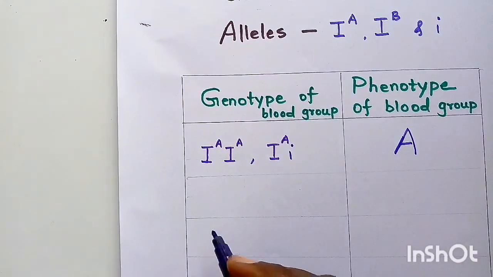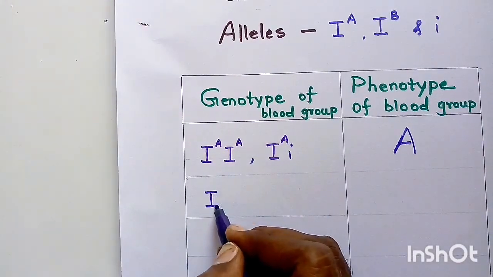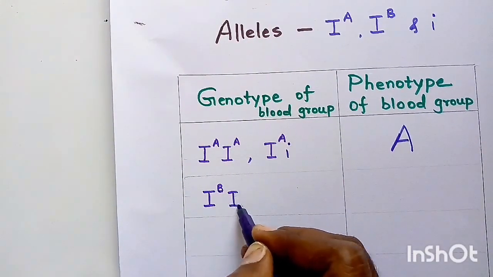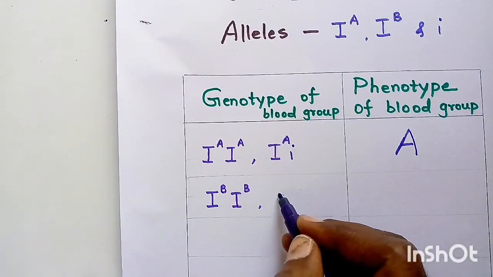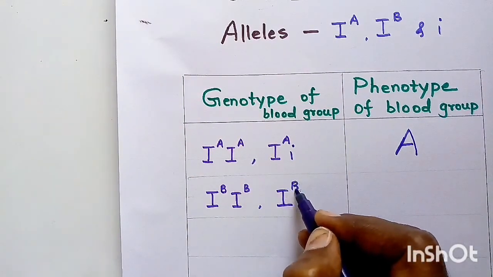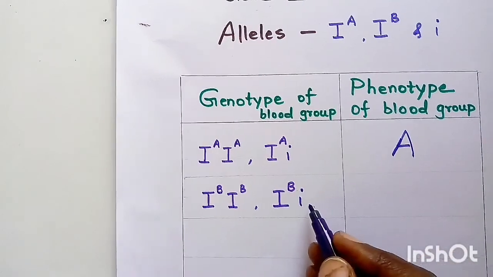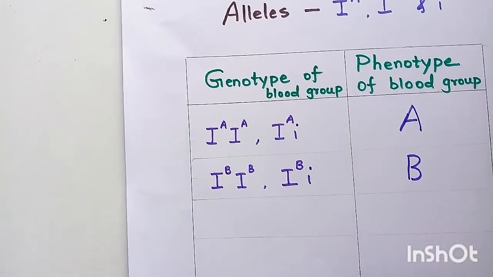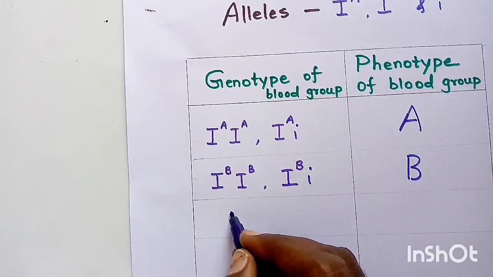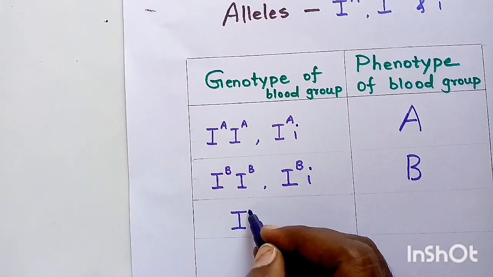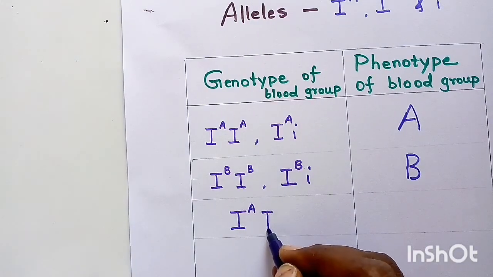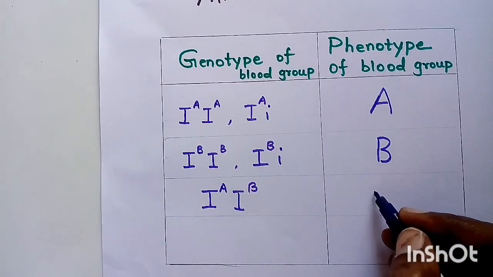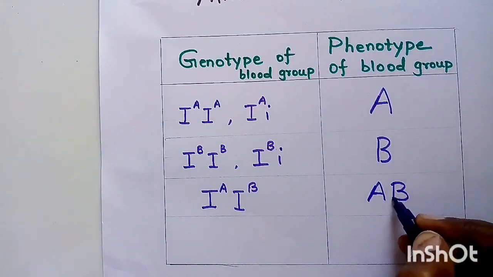For the next genotype, if the genotype of the person is IB IB, or IB and small i, still the blood group of the person will be B. The third one is if the genotype of the person is IA and IB, then it will represent the blood group as AB.